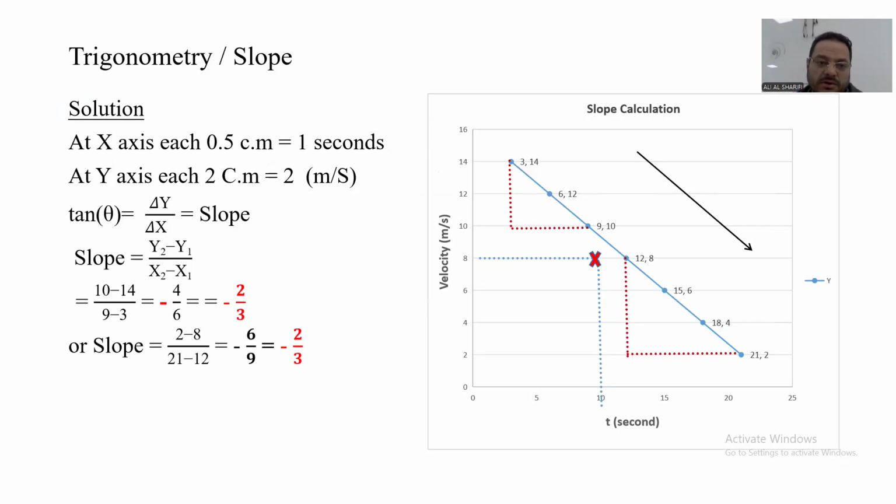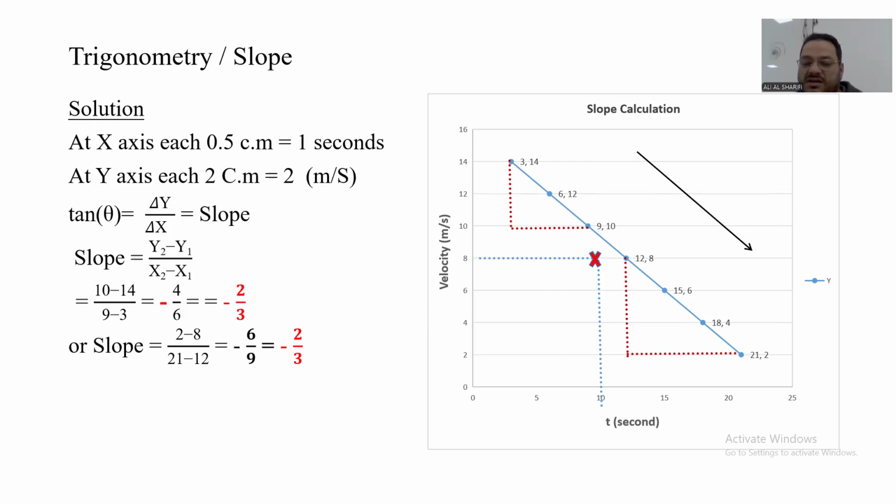Okay, the first thing we should do at the x-axis: each half centimeter equals what? Time, velocity, it doesn't matter. Here, each half centimeter equals how many seconds? Here, I say each half centimeter equals 1 second.